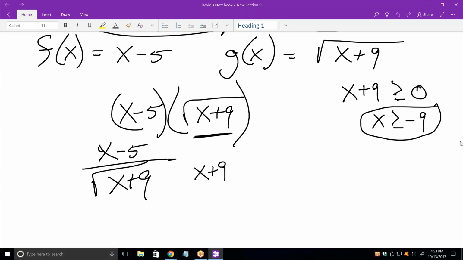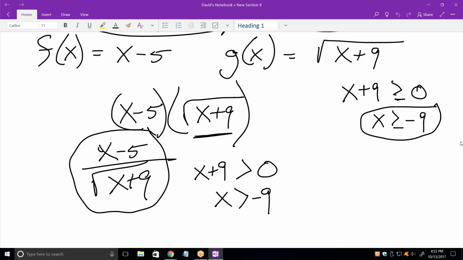So I take what's inside the radical and make it greater than 0. It's not this domain restriction up here, greater than or equal to minus 9. This is going to be greater than minus 9. So when you have f divided by g, the domain restriction is that right there.